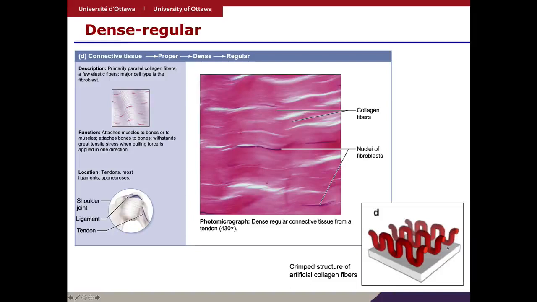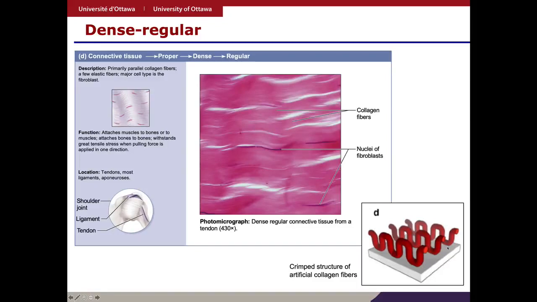Between the collagen fibers are rows of fibroblasts that continuously produce collagen fibers and a small amount of ground substance. There are relatively few cells compared to the large number of fibers, and much less than in the areolar connective tissue. Dense regular connective tissue forms tendons, ligaments, and aponeuroses.